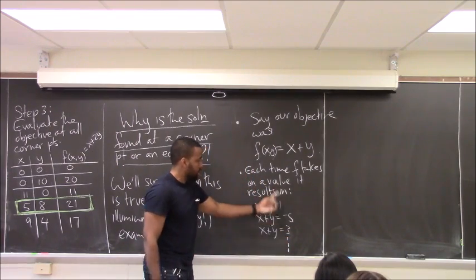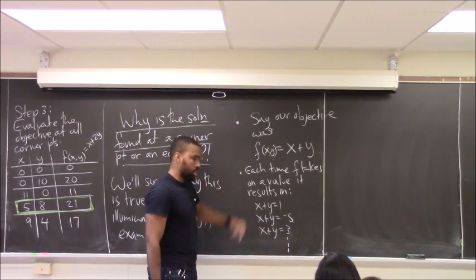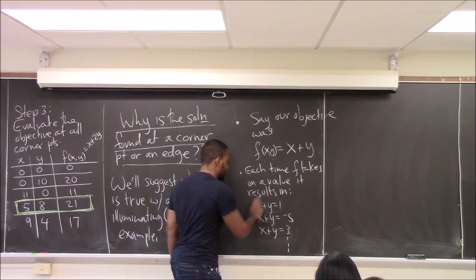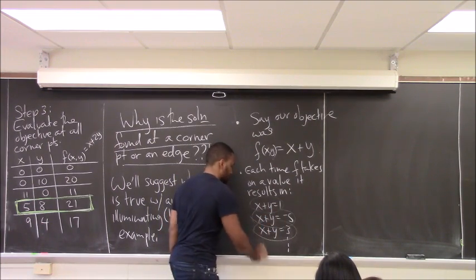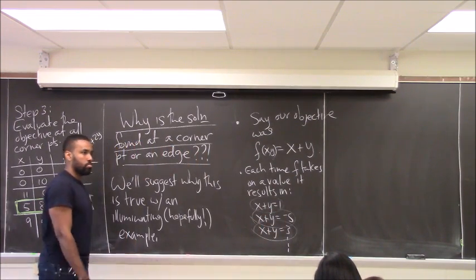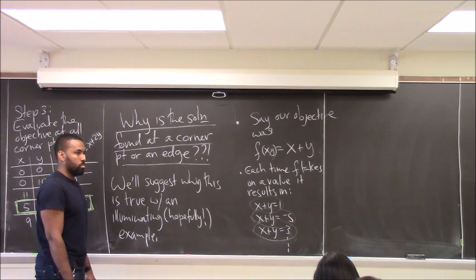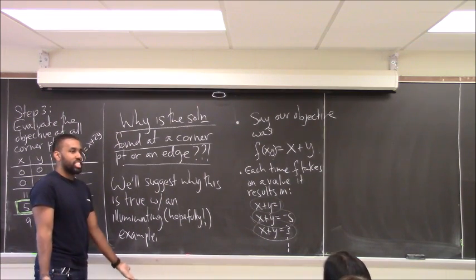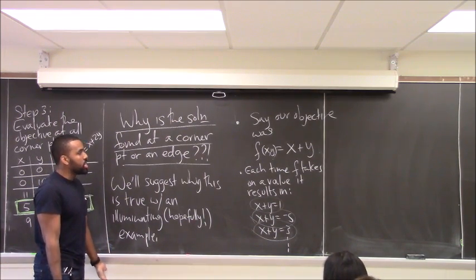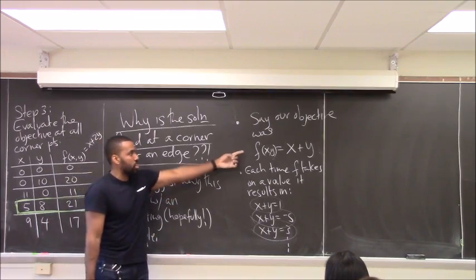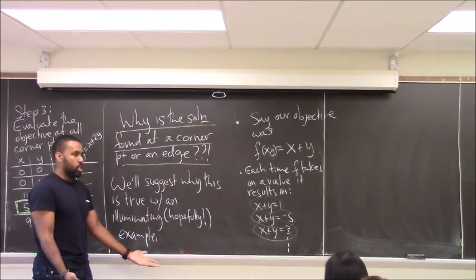F can take on any value depending on what you're plugging in for x and y. But what do all of these have in common? They're just lines. They're straight lines. If you have a linear objective function, once your function takes on a value, you're looking at the equation of a line.